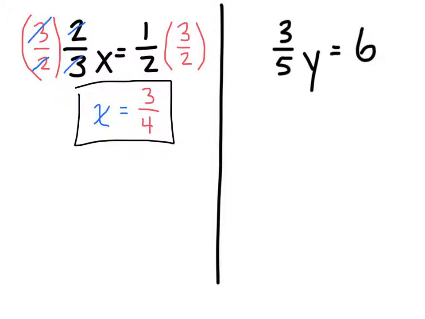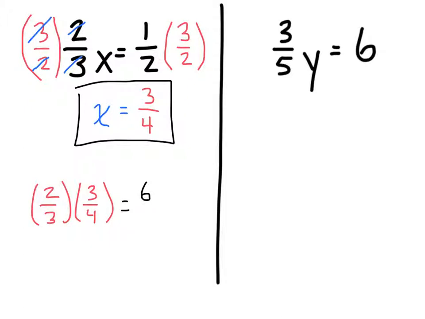If you want to double check it, all you have to do is take this x, take 3/4, and plug it back into x. So let's try that. If we have 2/3 times 3/4, and we multiply straight across, we have 2 times 3, which is equal to 6.